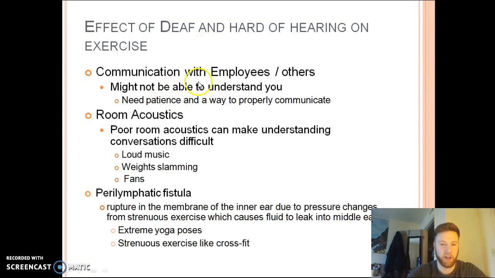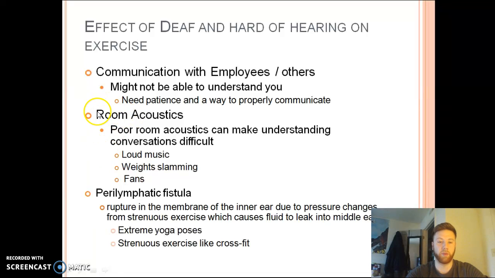So again, with any kind of communication with employees or others, they might not be able to understand what's going on or how to talk to somebody, or communicate properly in the setting. You've got to have patience with these people and a way to properly communicate, so anything like using a tablet or some kind of translator to write things down.